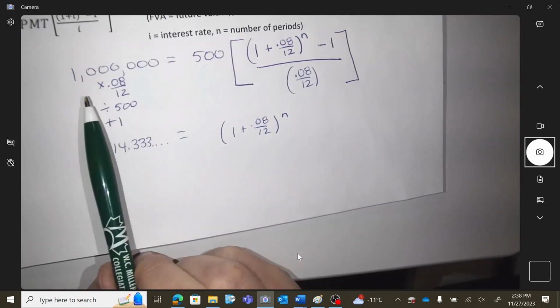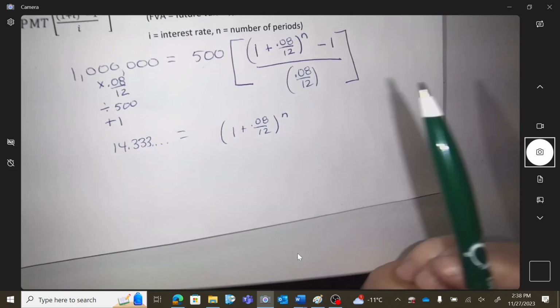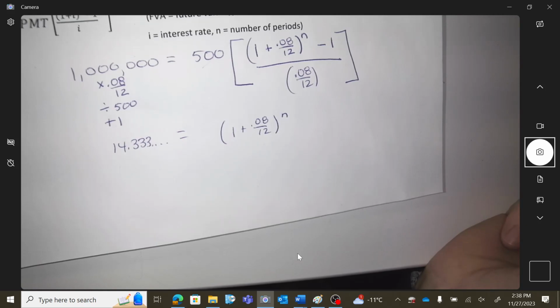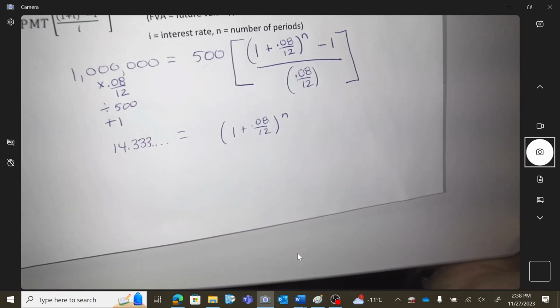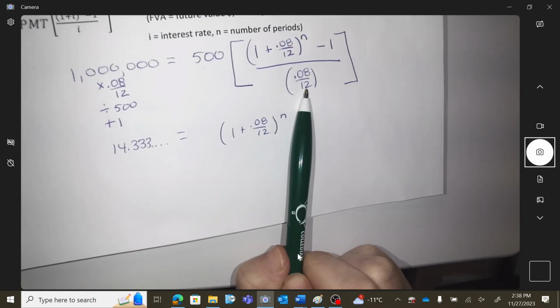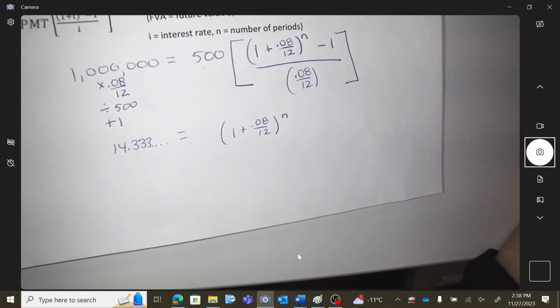Retry. That times, divide, add 1. Did you add 1? Yeah, I did. After? Oh, I think I forgot that. You see what I did, right? I times, I divided, boom, add that.